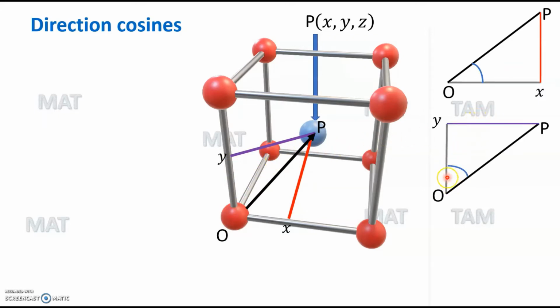So you have the triangle OYP with OY as the y-axis, and OP as the hypotenuse of the right angle triangle, and YP, which is the perpendicular from the y-axis to the point P. I hope this is getting clearer and clearer for you now.